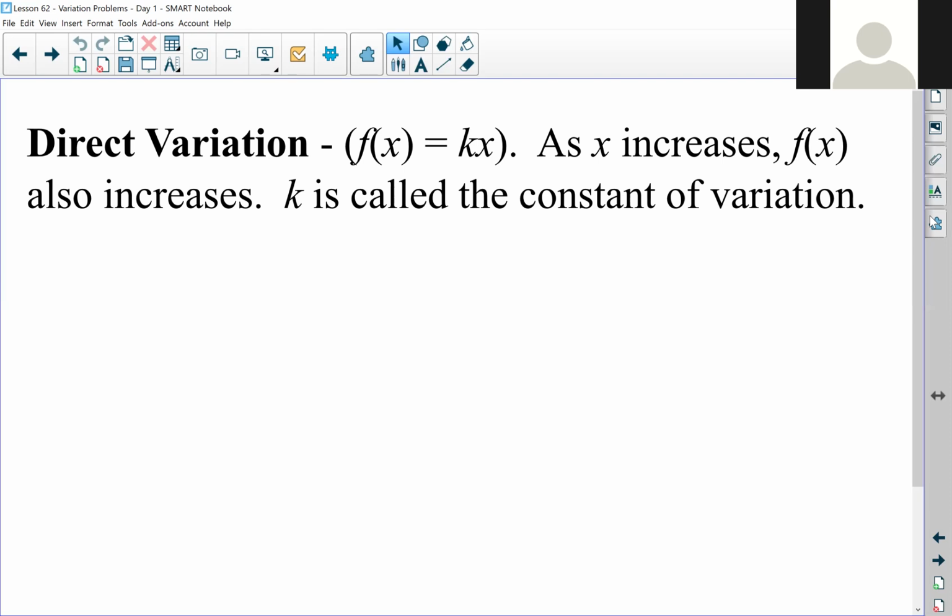And I guess I should say in here, if k is positive, as x increases, f of x also increases. But usually with variation, that constant is positive. Sometimes it's negative, but not very often. All right. And so the graph for direct variation is always linear.